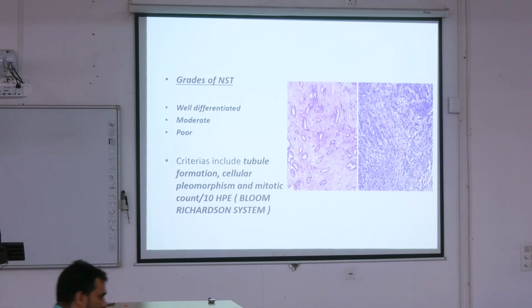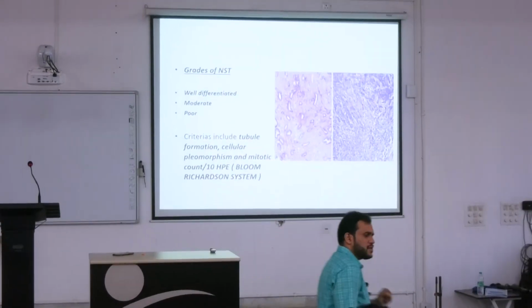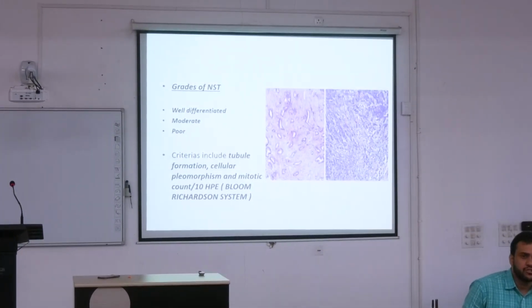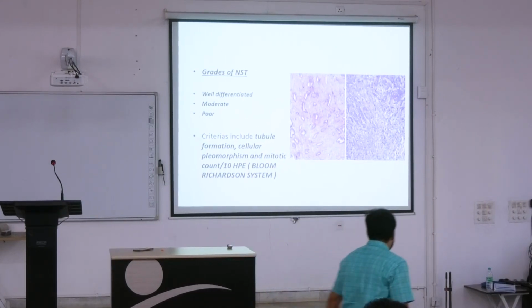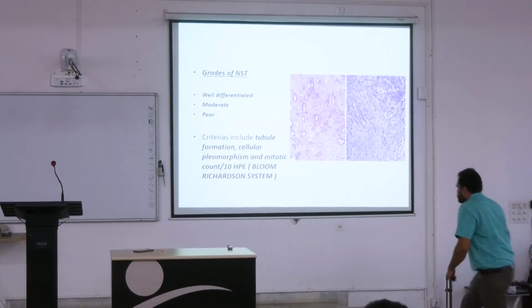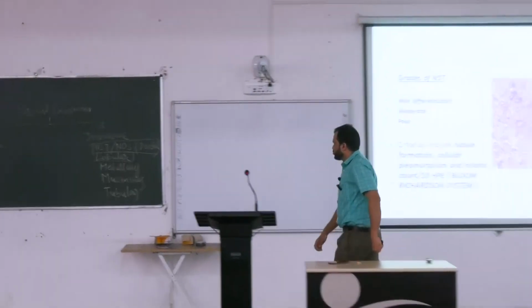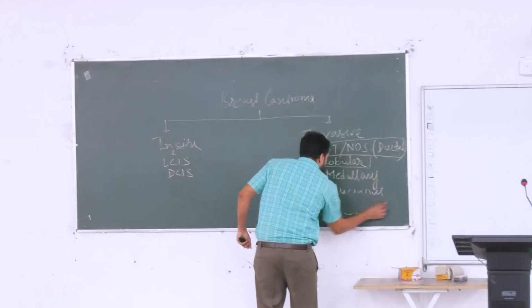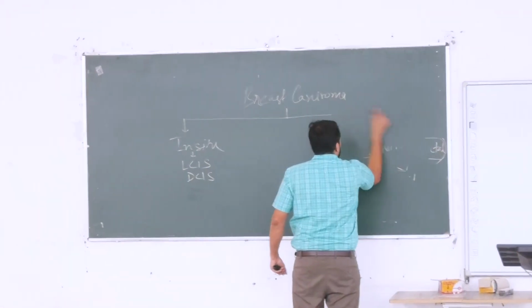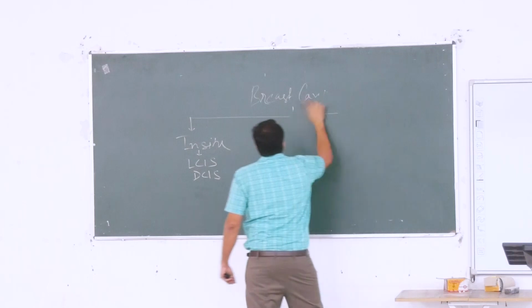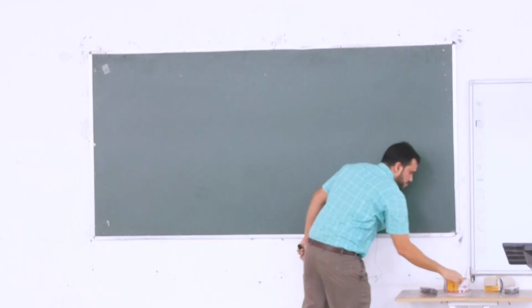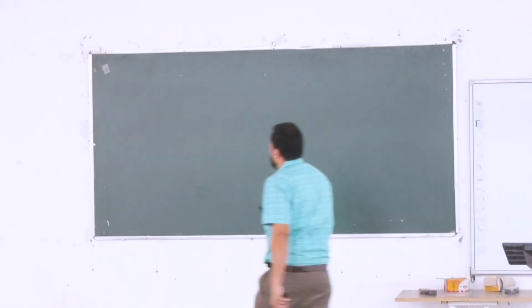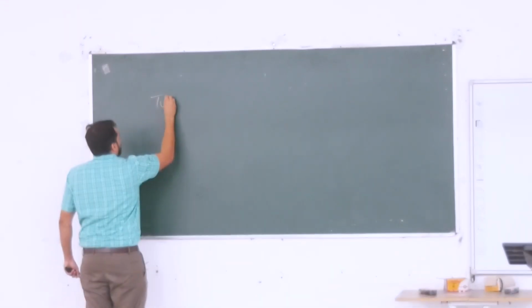So grades of NST, we can divide it into well differentiated, moderately differentiated, and poorly differentiated. So we take into account three things. When we grade a tumor, or when we describe a tumor, we look for tubule formation.